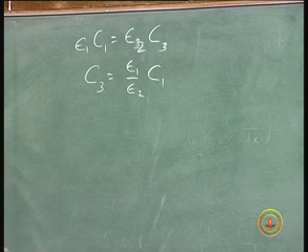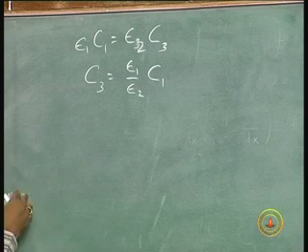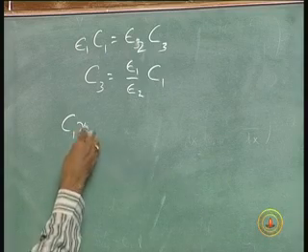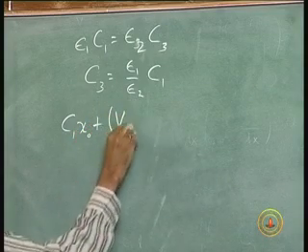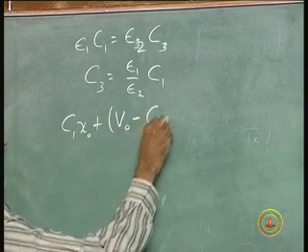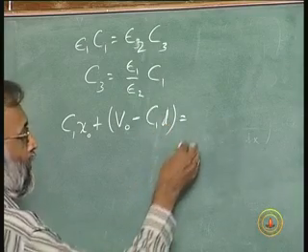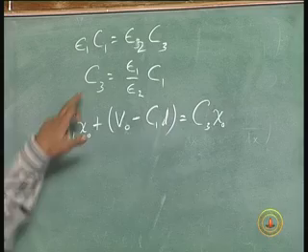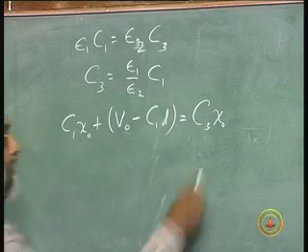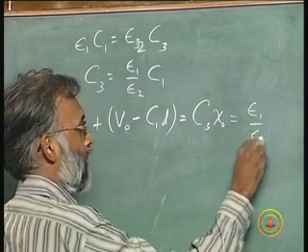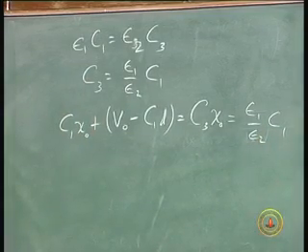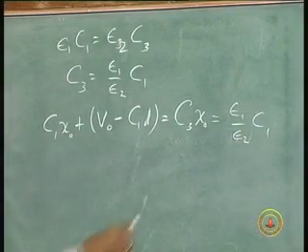Now, let me substitute into the other equation, C1 x naught plus V naught minus C1 d is equal to C3 x naught. But I know what C3 is. It's equal to epsilon 1 over epsilon 2 C1 times x naught.